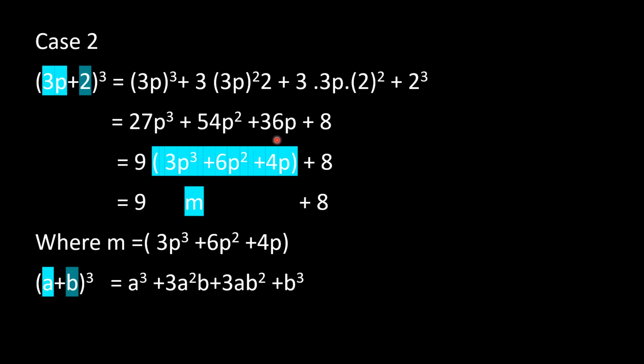From the first 3 terms, you can take 9 out. When you take 9 out, 9 into 3p cube plus 6p square plus 4p, plus 8. 9 into, instead of this, I am going to apply m, 9m plus 8, where m equal to 3p cube plus 6p square plus 4p. So now we have proved that cube of any integer is of the form 9m, 9m plus 1 and 9m plus 8.